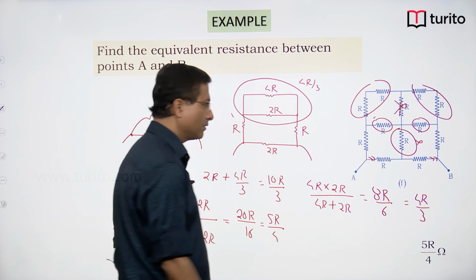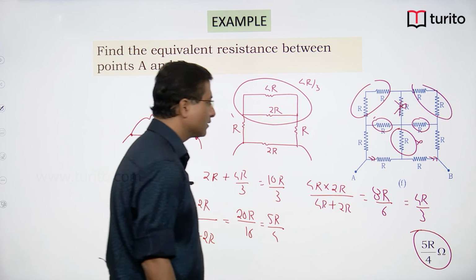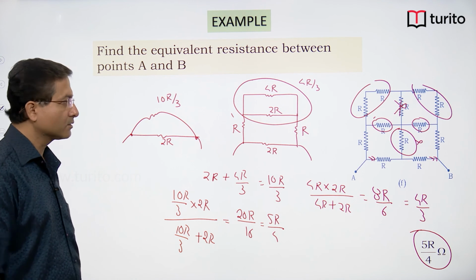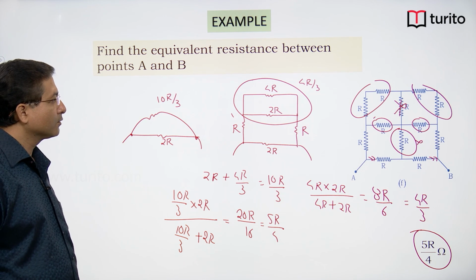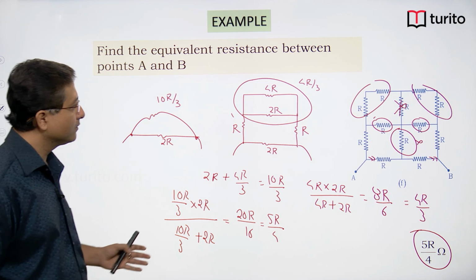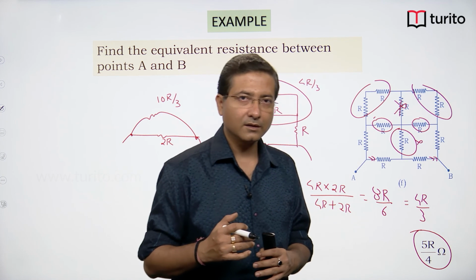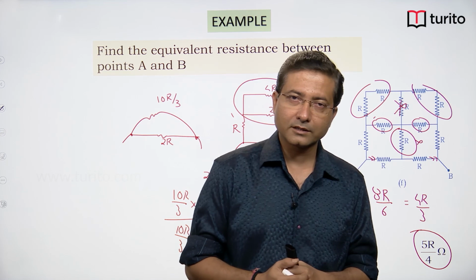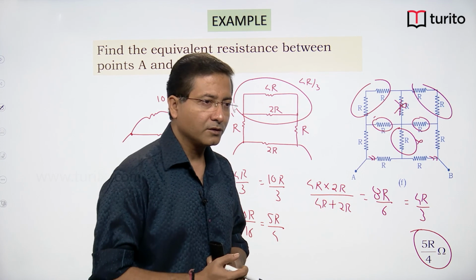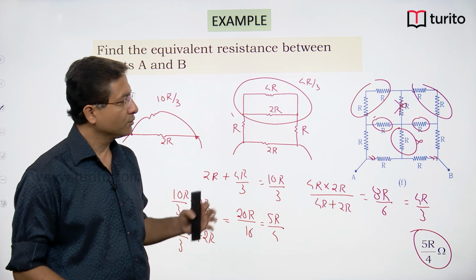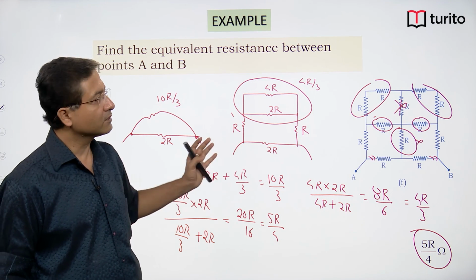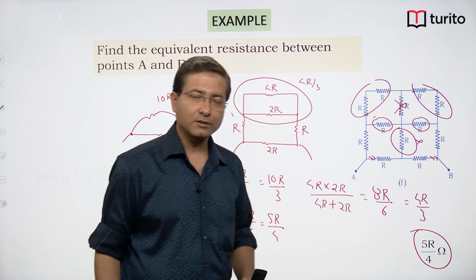So 4R by 5. Okay, so I hope this is also clear. So today we discussed simple input output symmetry and folding symmetry, and we also talked about Wheatstone bridge. So I hope this whole discussion is clear and you must have enjoyed the class.